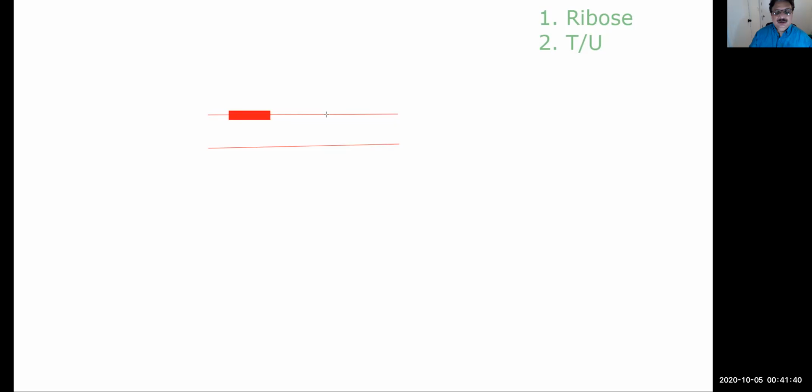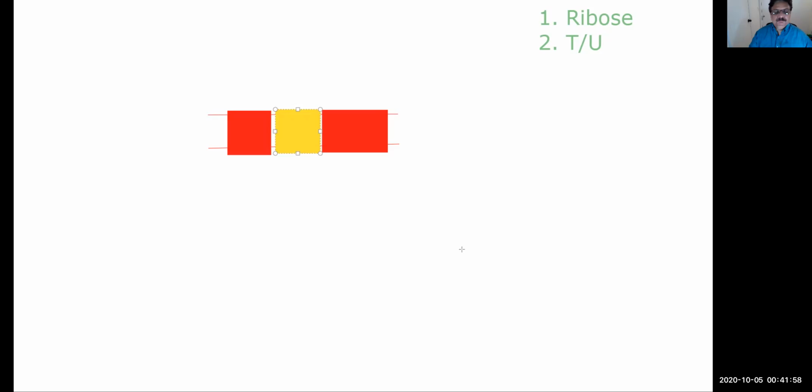Let's say the red colors are exons, and the yellow colors are introns.